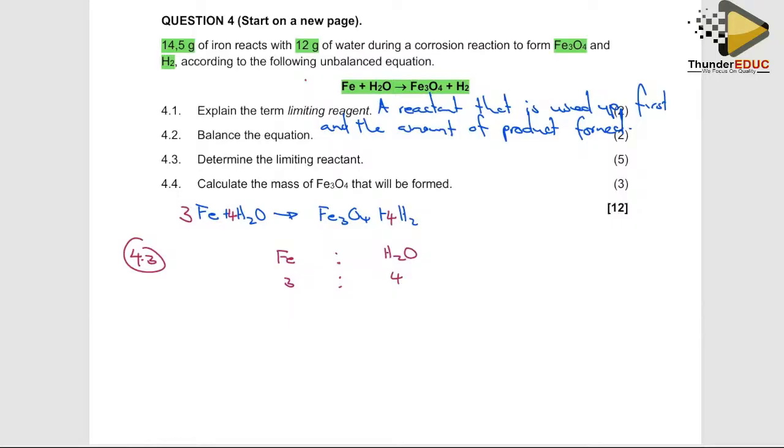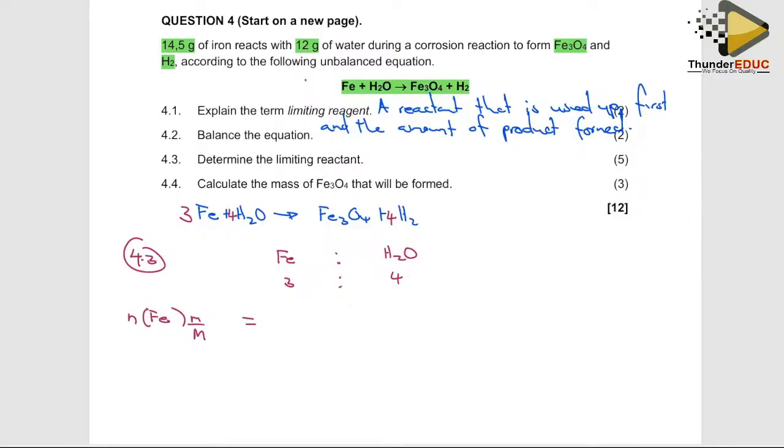Then after that, I'm supposed to calculate the initial number of moles of each. So the number of moles of Fe is equivalent to mass over molar mass.